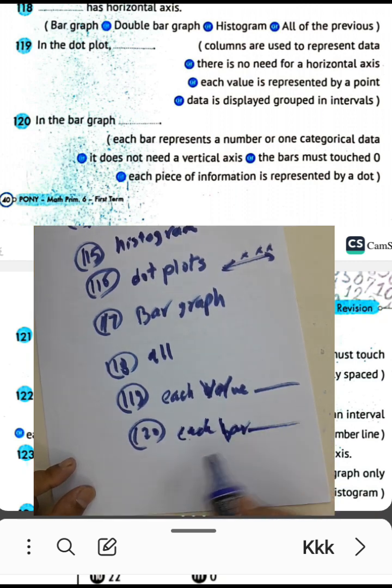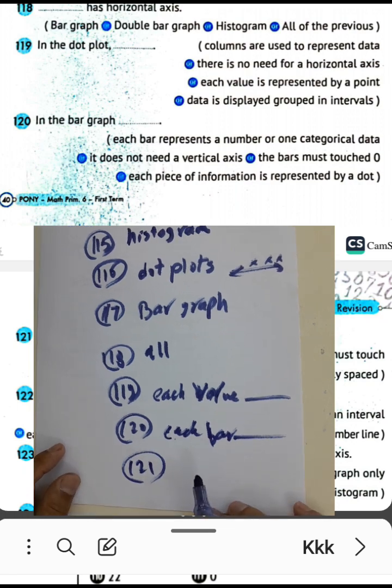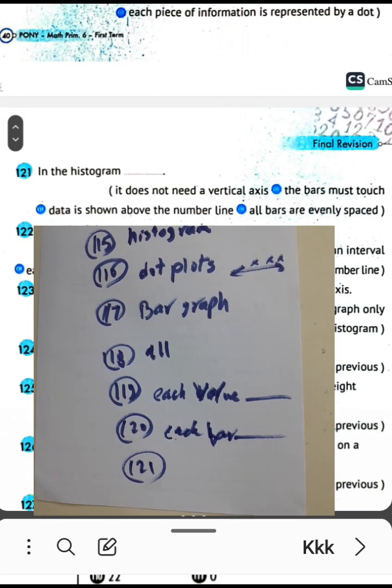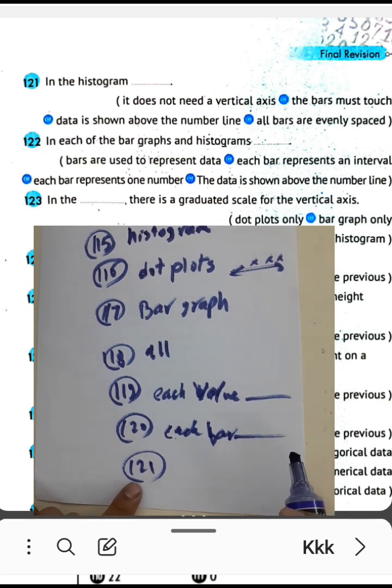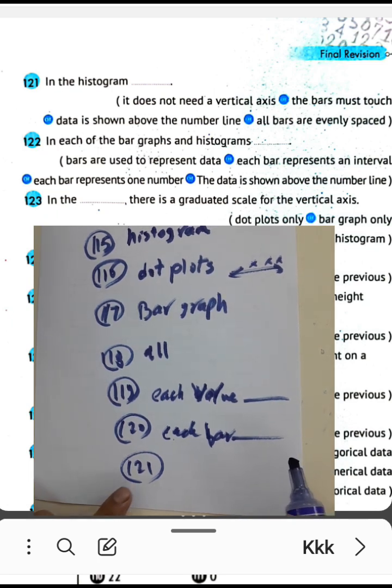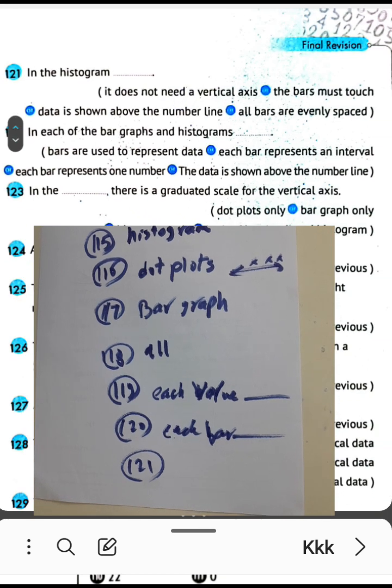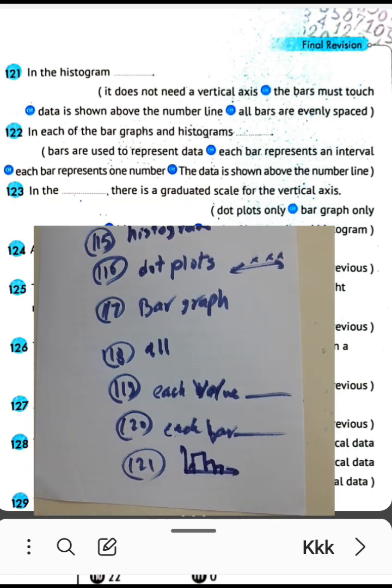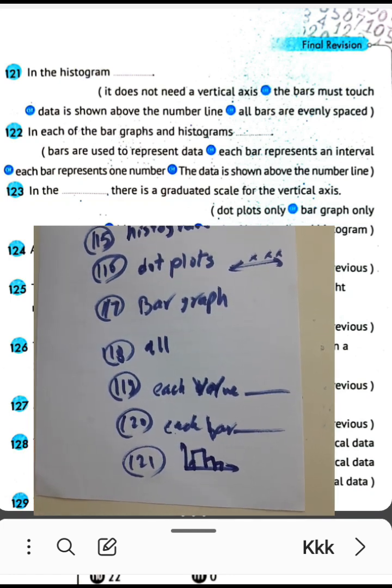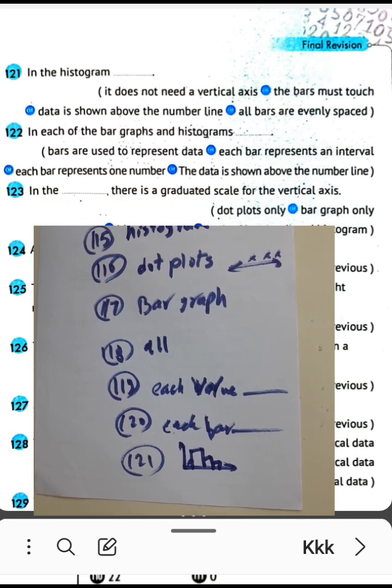Question 121, in a histogram, the bars must touch. Choose this: touch. In a histogram, the bars must touch.